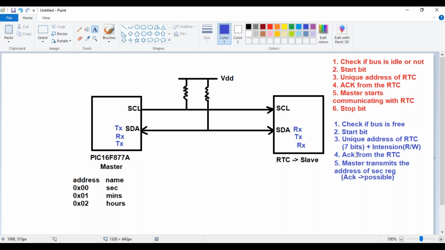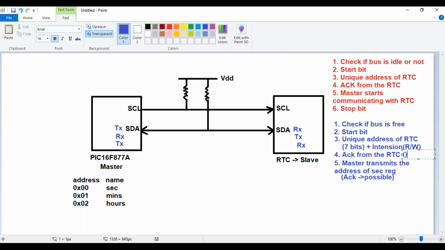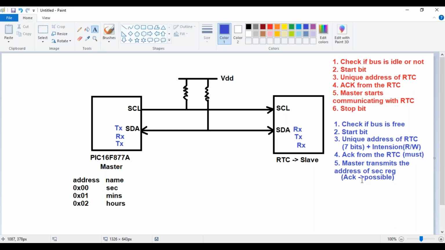Whatever previous acknowledgement you saw from the RTC, it's a must. But the acknowledgement you receive later, when the master is transmitting the address of the second register, is possible.